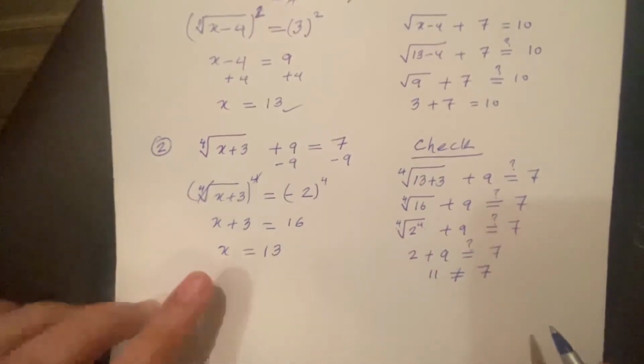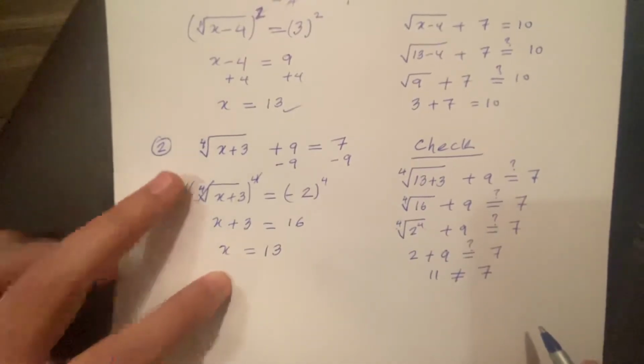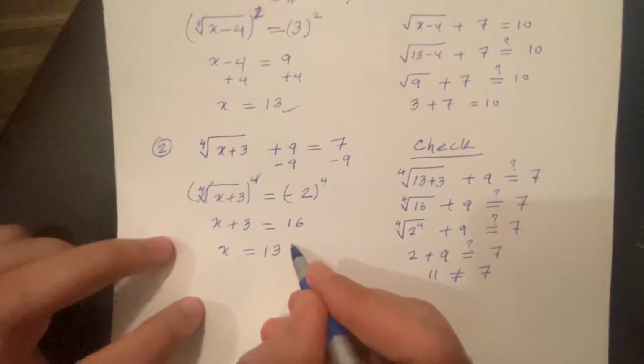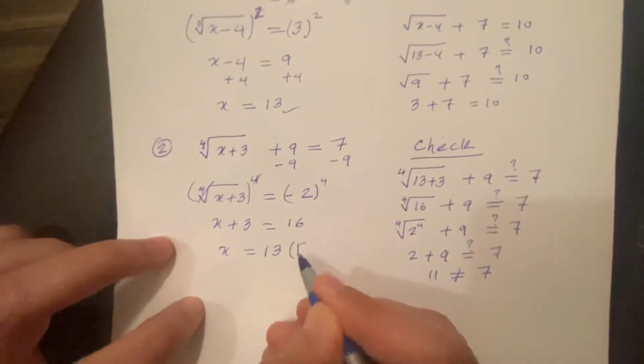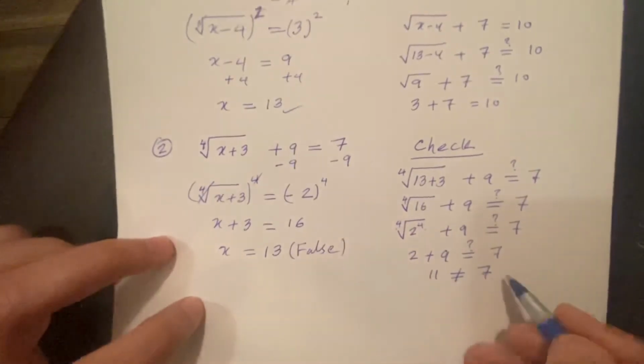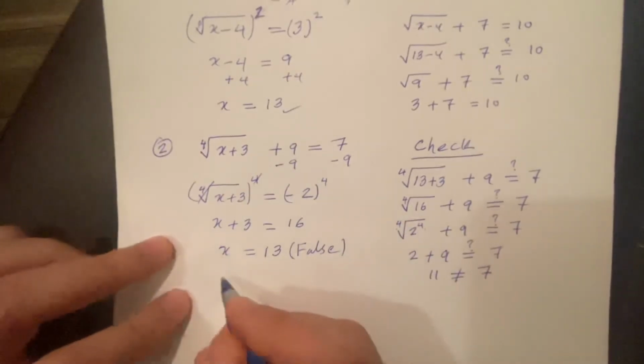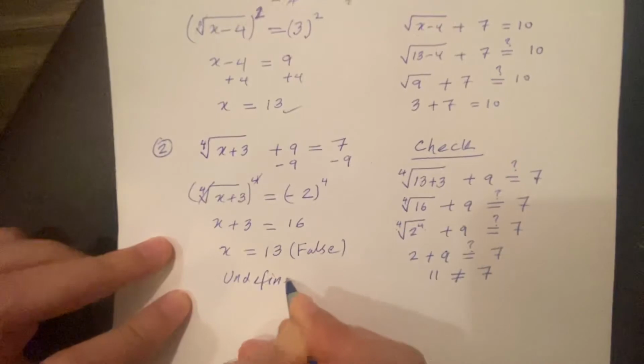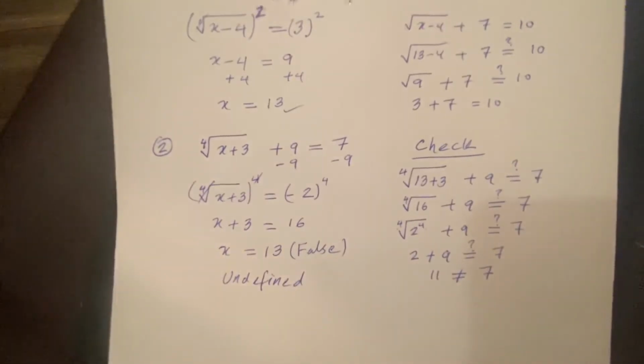So there you go. We have an equation where our answer is not true. So this is false, because this is not true. So here the answer is undefined, or no solutions. Right? So now let's do another one.